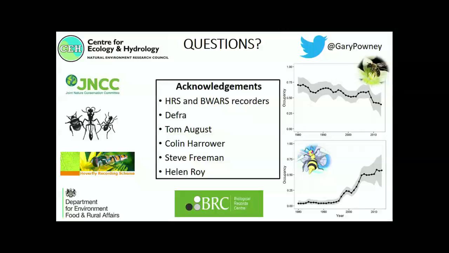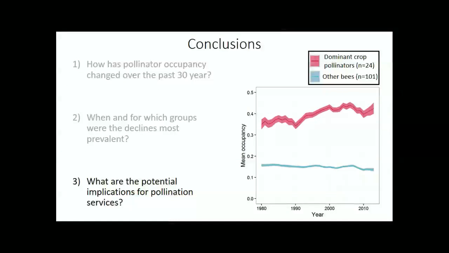Relating it to pollinator services makes the assumption that the abundance relates to the occurrence. Do you think that's reasonable for the species? Yeah, so the species that I picked out, the dominant crop pollinators, a lot of them are wider spread species. That final trend is just the mean trend across all occupancy.